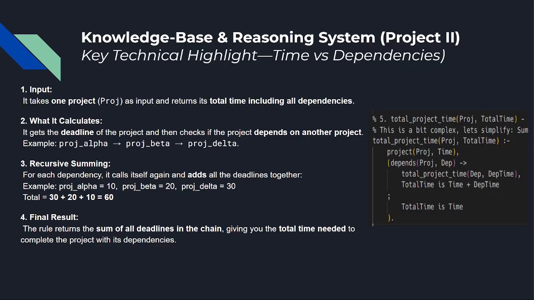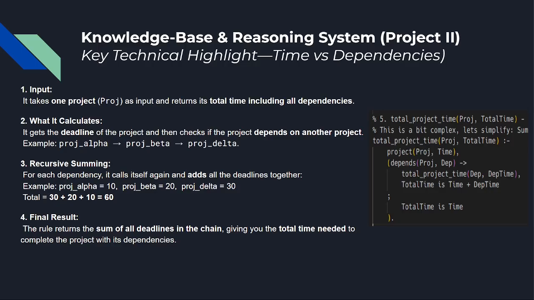So the algorithm gets the deadline of the main project and checks if the project depends on another project. Here we have an example chain, where project alpha depends upon project beta, and project beta depends upon delta, and delta doesn't have any dependency. What we can see is you can't start alpha until beta is done, and you can't start beta until delta is done.